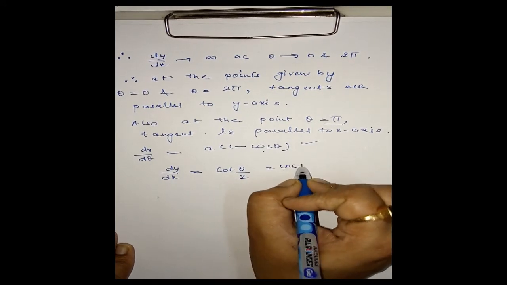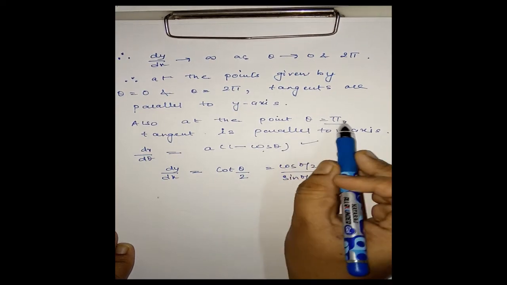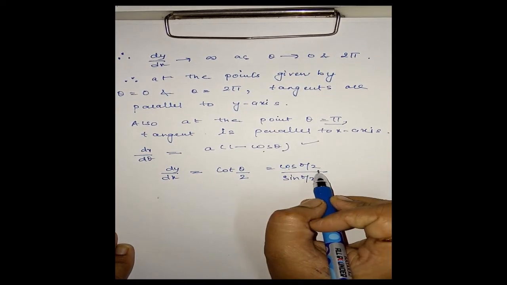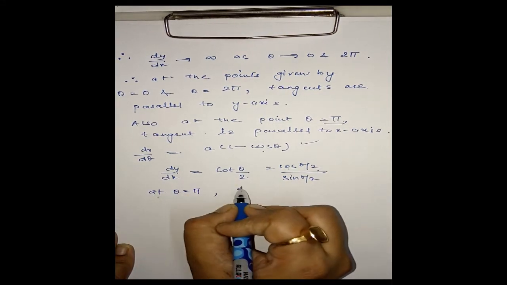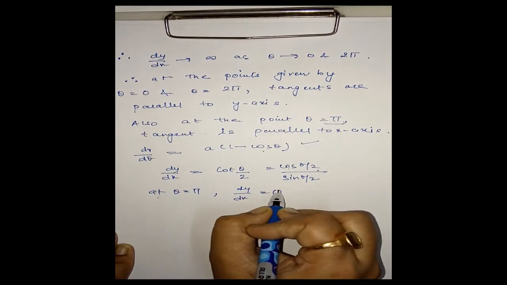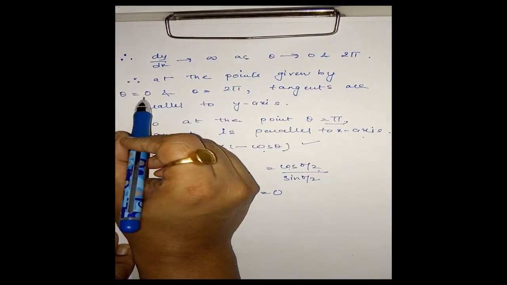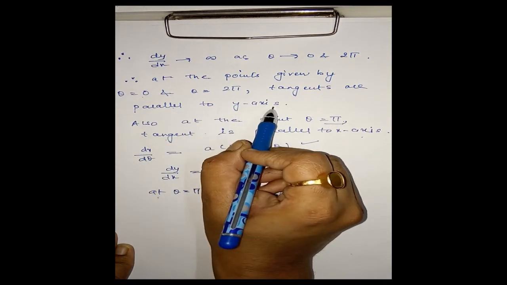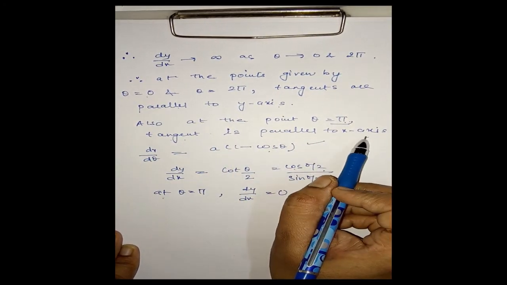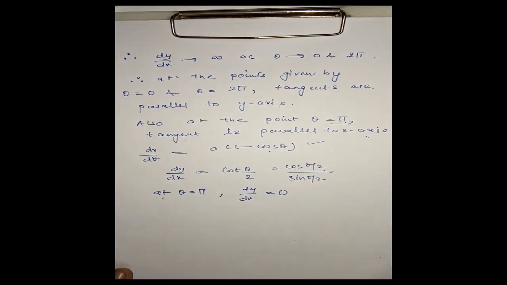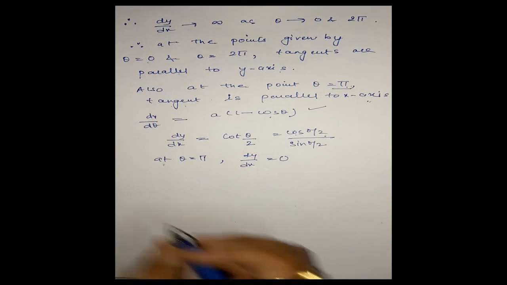When I take theta to be pi, this is cos pi by 2, which is 0. That means at theta equal to pi, dy by dx is 0, so at this point the tangent is parallel to the x-axis. At these 2 points the tangents are parallel to the y-axis, and at theta equal to pi the tangent is parallel to the x-axis.